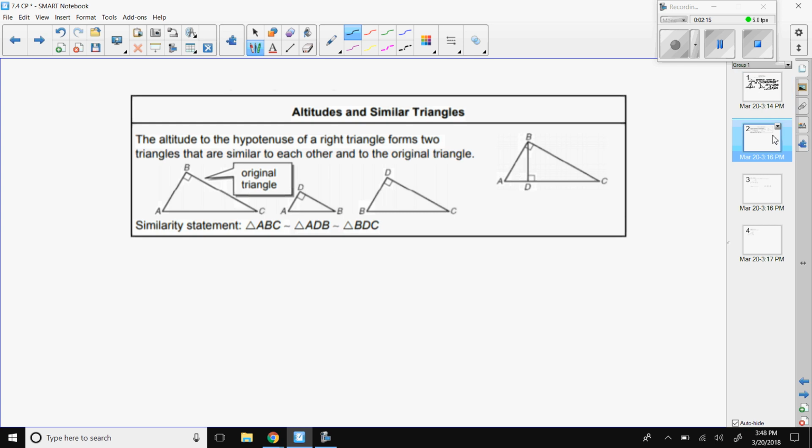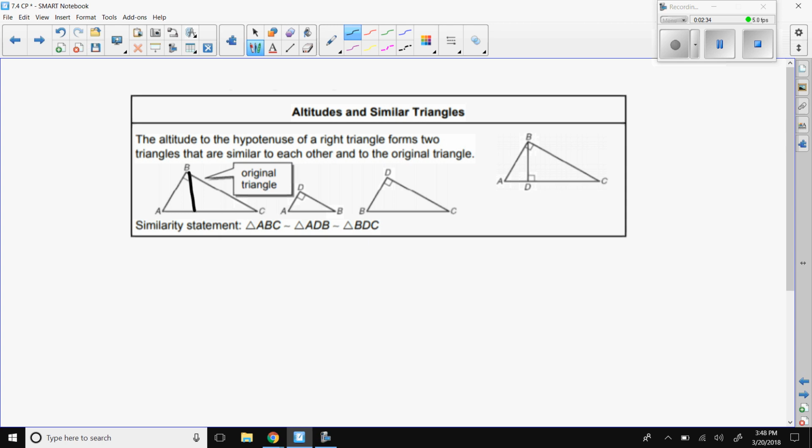We go on to altitudes in similar triangles. The altitude to the hypotenuse of a right triangle forms two triangles that are similar to each other. So now we're talking about flipping the triangle upside down, drawing these perpendicular lines and becoming these altitudes, these heights.